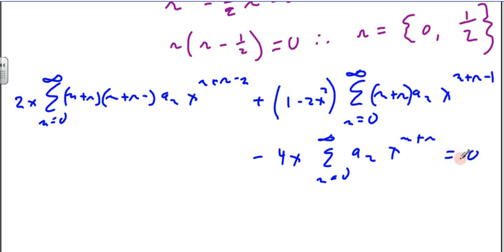So making the assumption that I did that right, let's say 2x, 1 minus 2x squared, minus 4x.